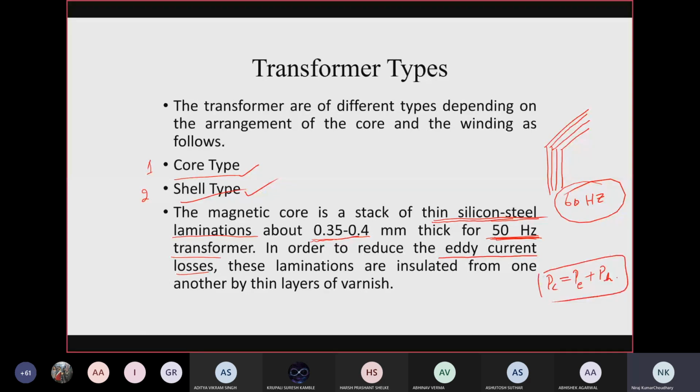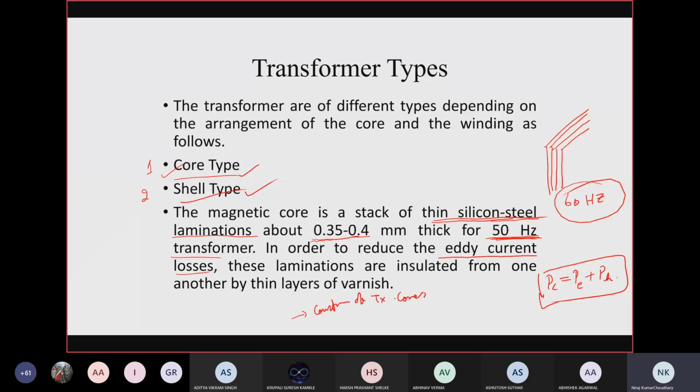So in the next class, we will discuss in detail about the construction of the transformers for both types, core type and shell type. And then we will discuss about the construction of transformer cores with the help of CRGO sheets.